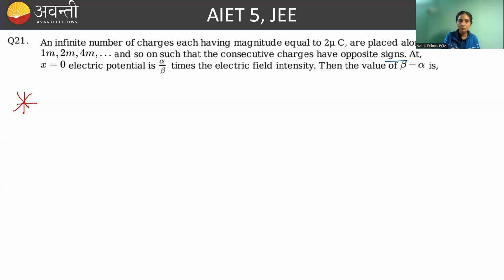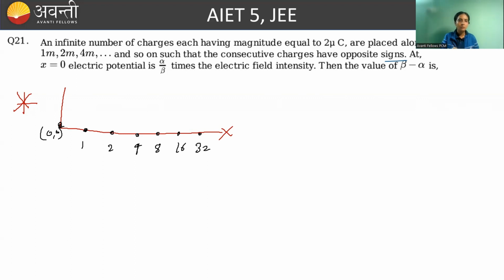An infinite number of charges, each having magnitude equal to 2 microcoulomb, are placed along the x-axis at 1 meter, 2 meter, 4 meter. Now, let's first imagine how it is getting placed. Take the x-axis, call this the origin. The charges are placed at 1 meter, at 2 meter, at 4, the next will be 8, next 16, 32, and so on, up to infinity.